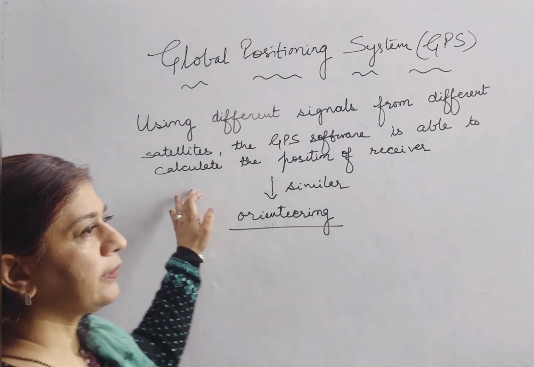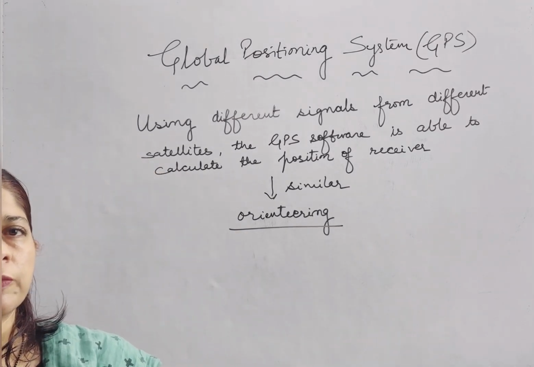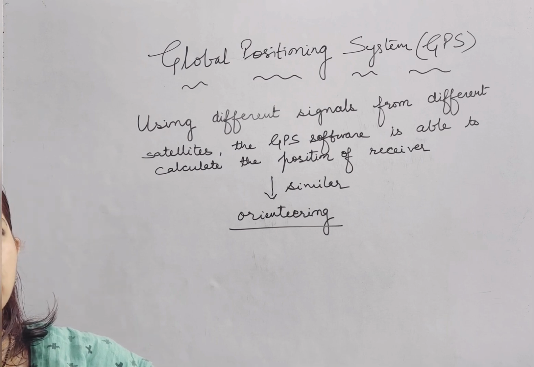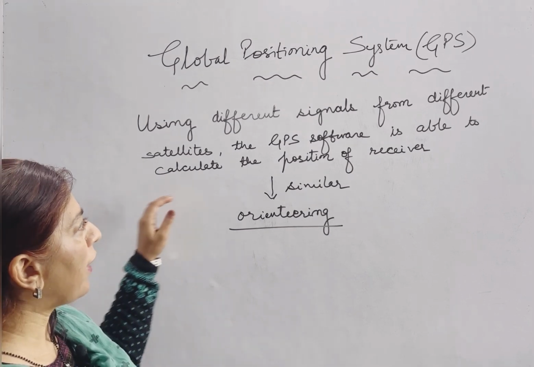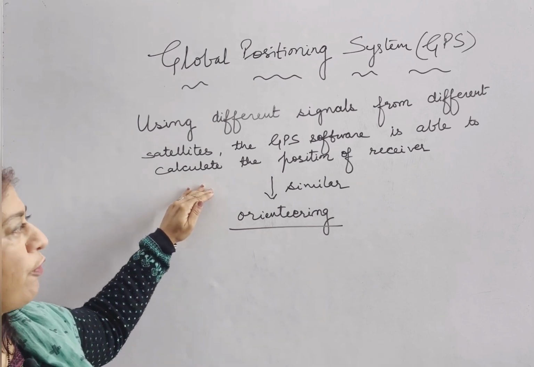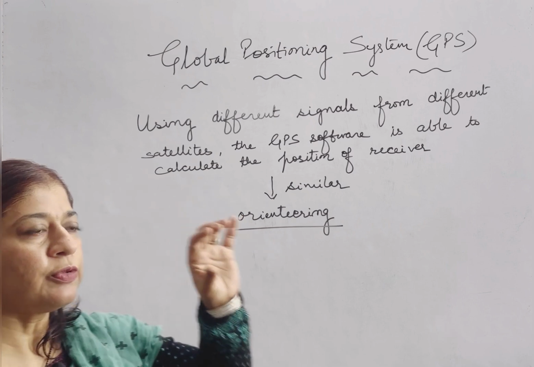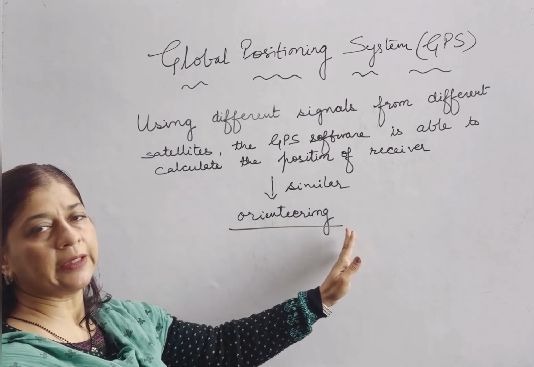Now we have talked that the GPS software is working on the information that is provided by the different satellites. Now, finding out these signals and utilizing the information to find out the position of the receiver is just similar to orienteering.